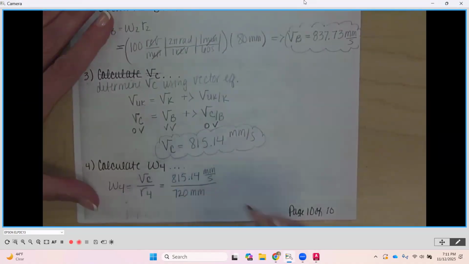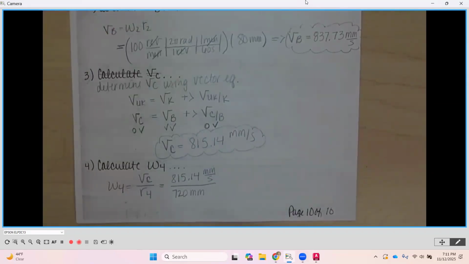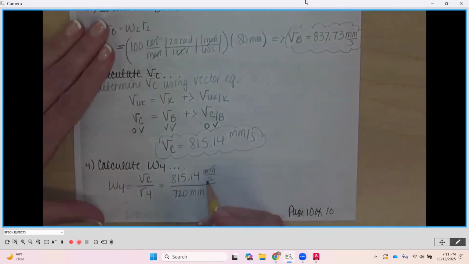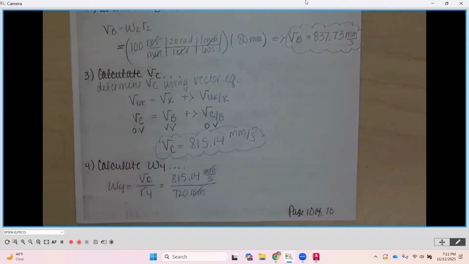Millimeters cancel out. What do we get for an answer if we take 815.14 divided by 720?